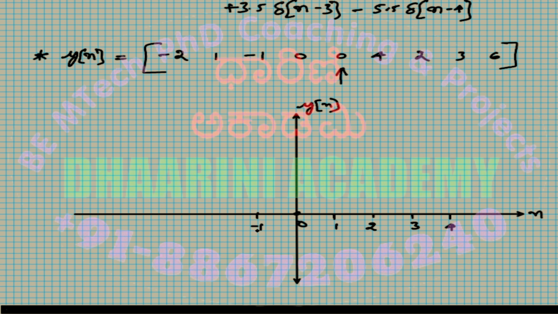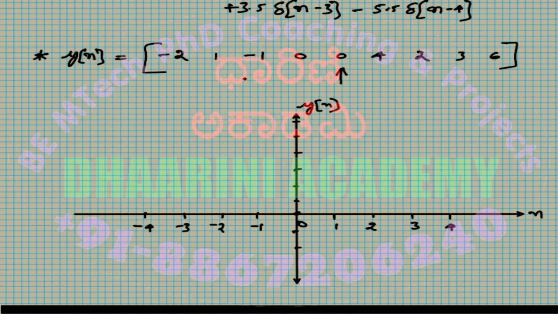This is the index for minus 1, minus 2, minus 3, minus 4. Looks like it is sufficient. Now just draw the amplitudes as required. I have to go till 6 on the top, so this is 1, 2, 3, 4, 5, 6, and you have minus 1, minus 2.